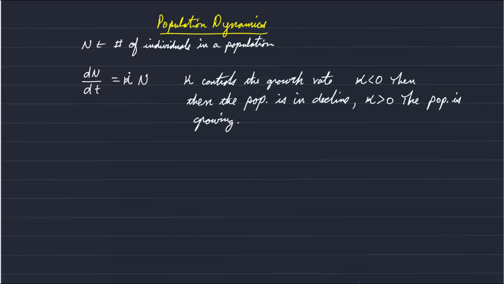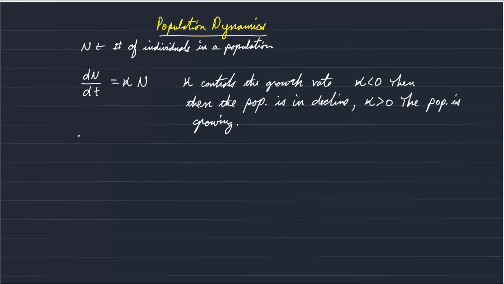But this may be somewhat unrealistic, in that the population could not grow forever, assuming kappa is positive, because there are other environmental factors that might limit the rate of growth if the population gets too large. So you might imagine that the limits on population growth might also depend on how large the population is.